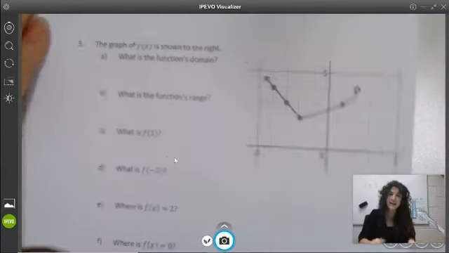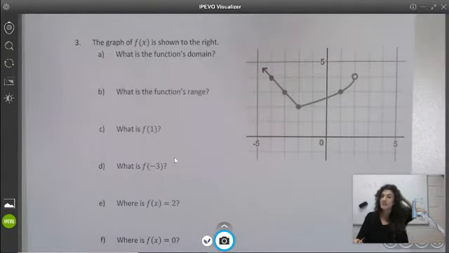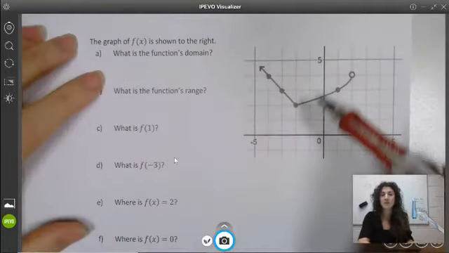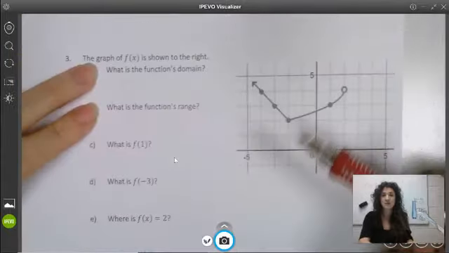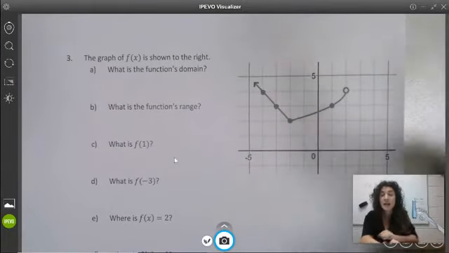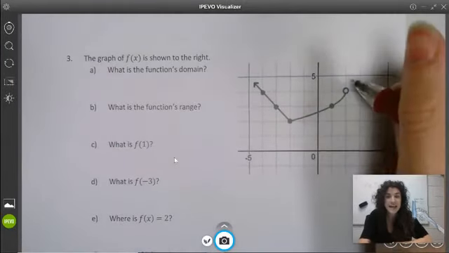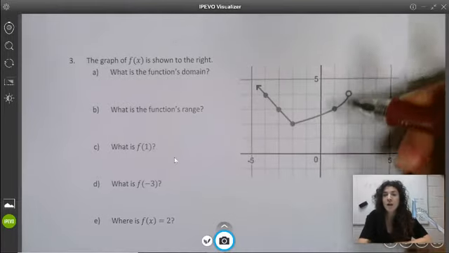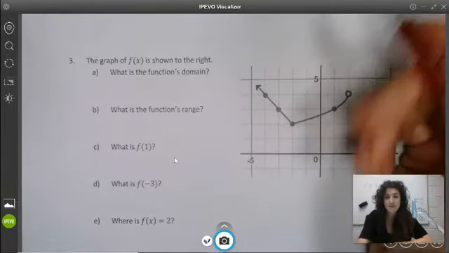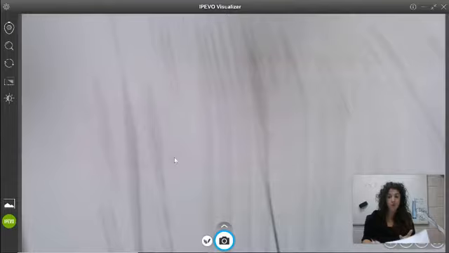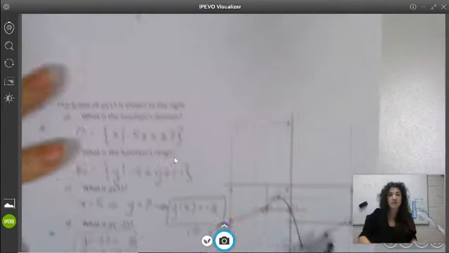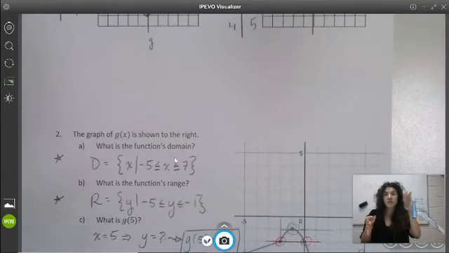Okay. Backside, last problem, you're going to be doing most of this on your own. We are going to talk for a second about domain and range together, and then the rest of them you'll do on your own. Okay, so this has different end values or end behaviors from our previous graph. Our previous graph just had points at the end, which means that it's very distinct, this is where it starts and this is where it ends.